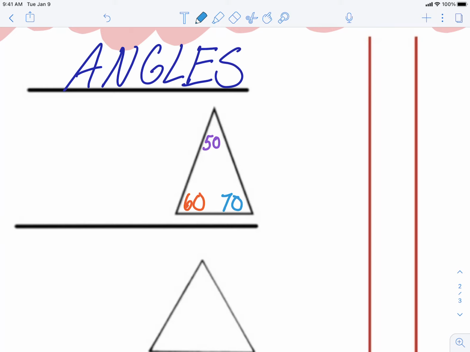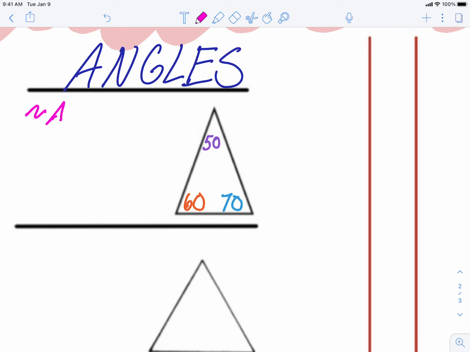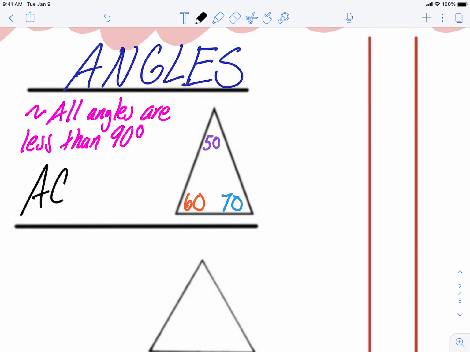So when we see that all angles are less than 90 degrees, we call that an acute triangle.